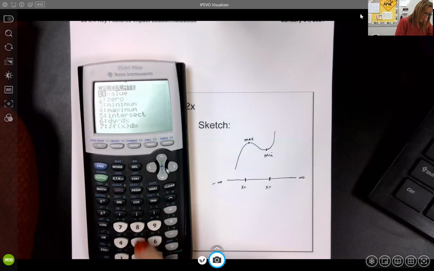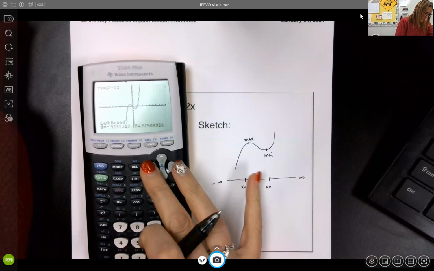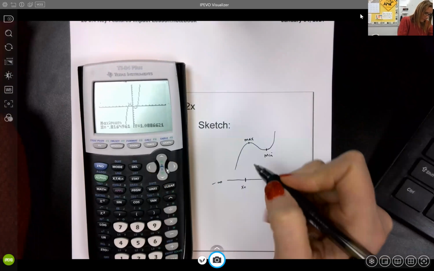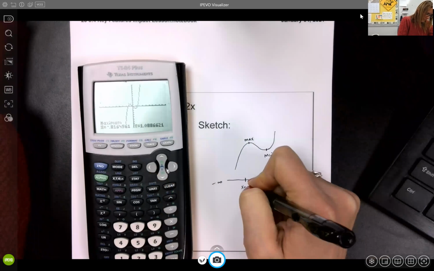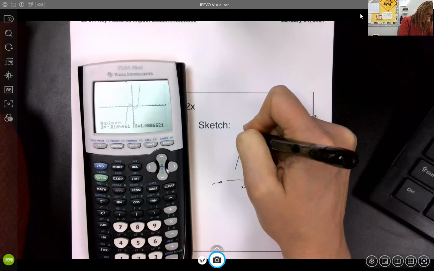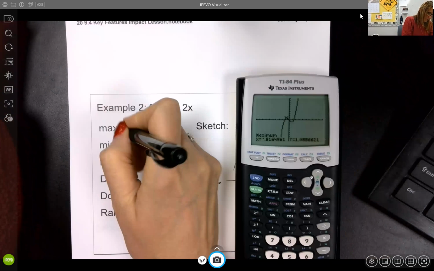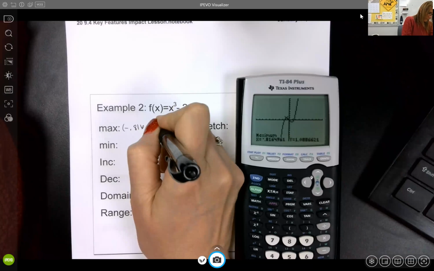So second trace, max. Go just before I hit the top of the mountain, I climb up over the mountain and over the top. So this maximum, I get negative 0.816. I'm going to write that here, negative 0.816, 1.089.